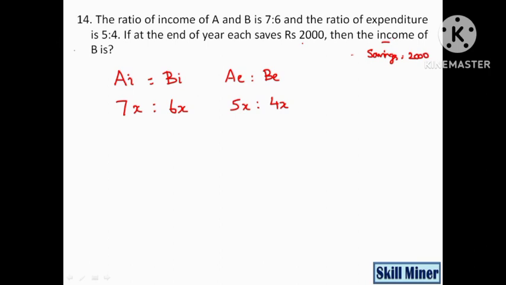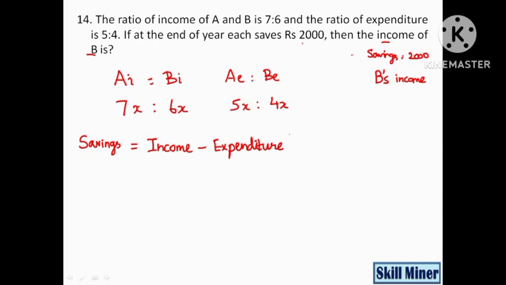Then we need to find B's income. Guys, there is a formula. Savings is equal to income minus expenditure. Our saving will be the difference of our income and expenditure.